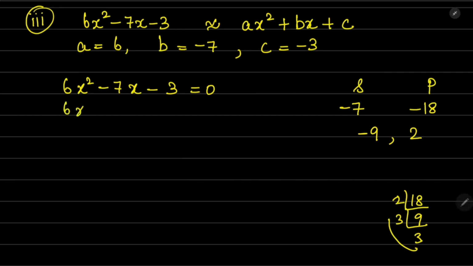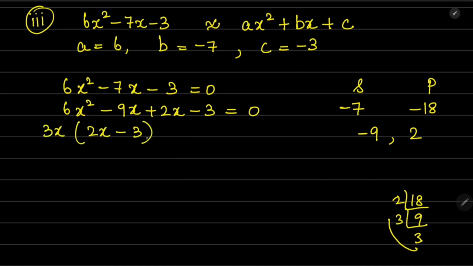So let us do that. 6x square minus 9x plus 2x minus 3 equal to 0. Okay, so between the first two terms, let's take 3x common out. So 2x is the first term, minus 3, plus 1 times 2x minus 3 equal to 0.